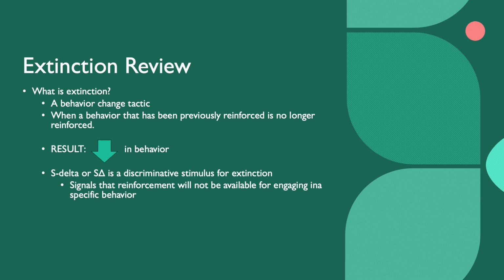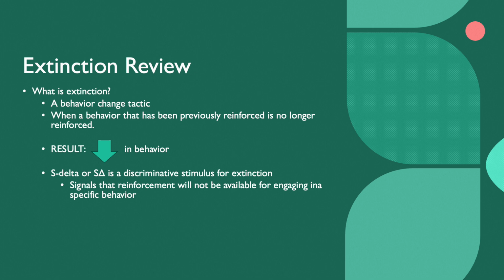We are just withholding the reinforcer. What results is that the behavior is going to reduce in future frequency, or whatever dimension of behavior we are looking at. Maybe the duration reduces, the magnitude reduces, whatever it might be. But the general idea is that once an extinction procedure is implemented, we see a reduction in the behavior.